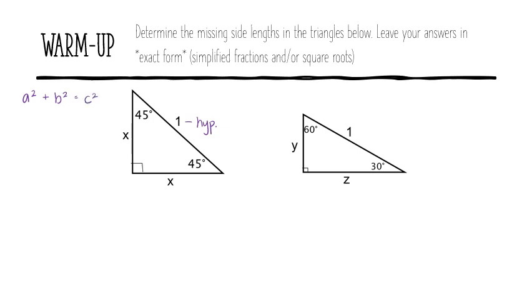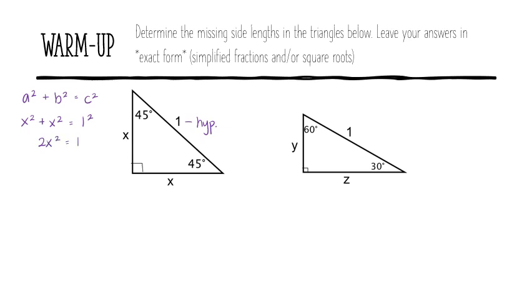So a and b, remember, those are just the legs of the right triangle. Those are both x. So we're actually looking at x squared plus x squared equals, well, not c squared, but in particular here, 1 squared.